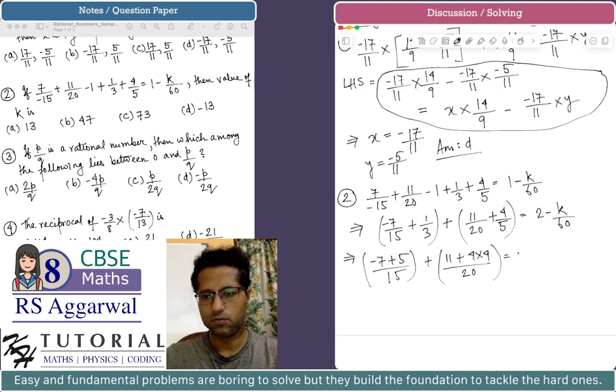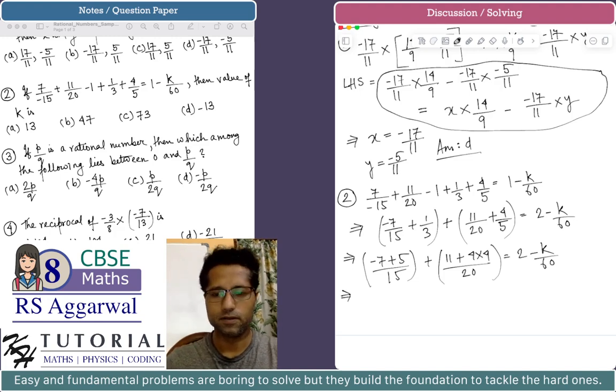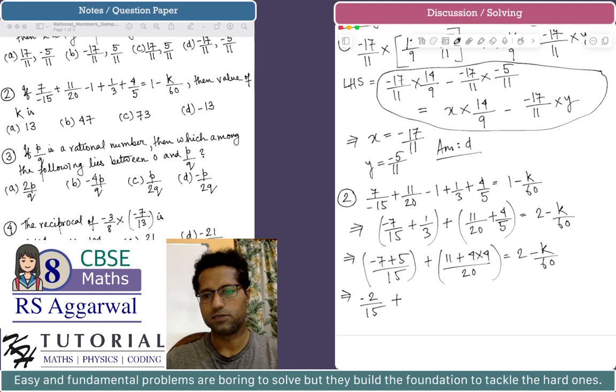This is equal to 2 minus k by 60. So this implies, again, minus 7. So this is minus 2 by 15, plus this is 16 and 11, that is 27. 27 by 20 is equal to 2 minus k by 60.